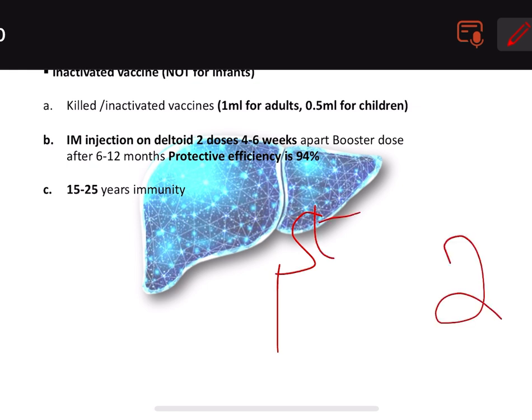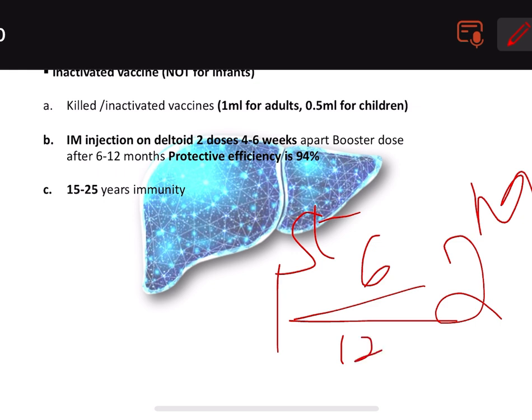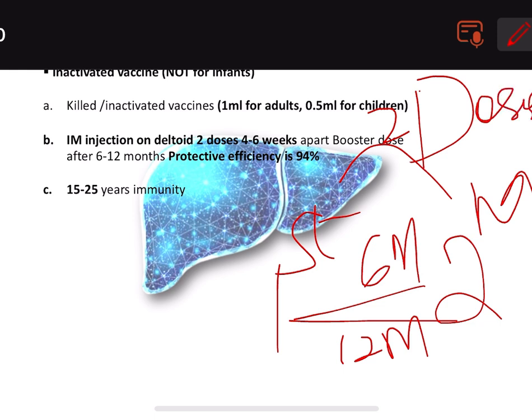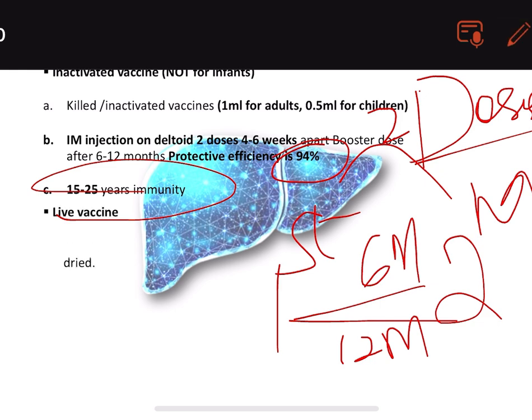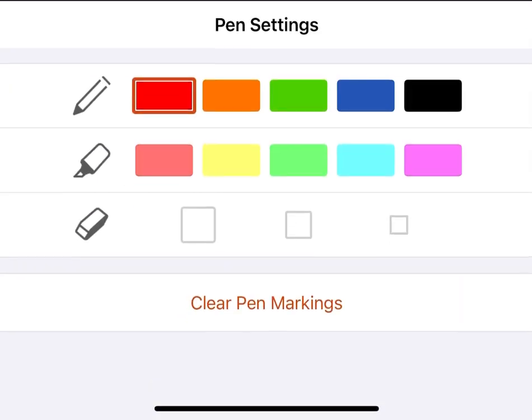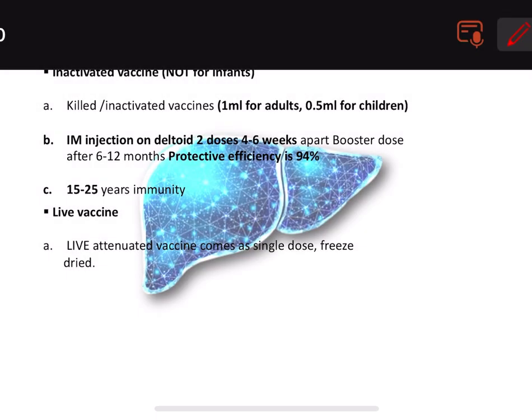First dose, second dose, interval between these 2 doses can be 6 months or 12 months, and these 2 doses are given IM on the deltoid muscle. These vaccines give 94% efficiency if they are administered properly, and they provide immunity for 15 to 20 years. Then we will move forward to the live vaccination.